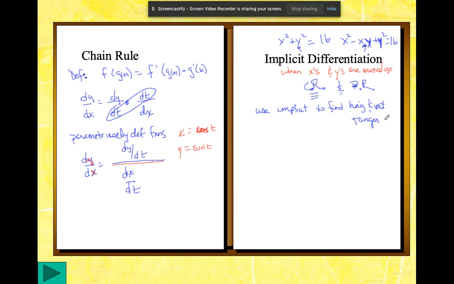Refer back to that handout that I did with you in the content video called Graphical Implicit Differentiation. Also remember that you might need to find the second derivative implicitly, but don't forget that when you do that, you need to replace y prime in your second derivative.